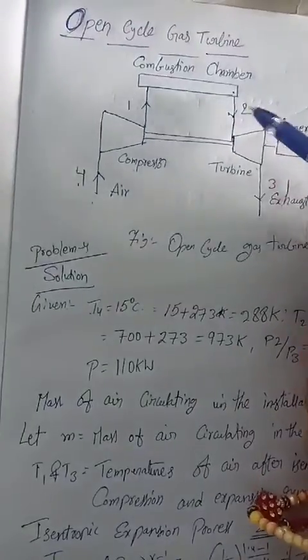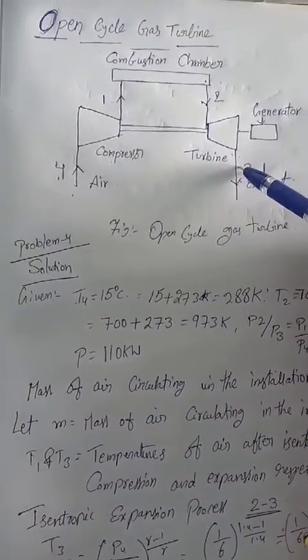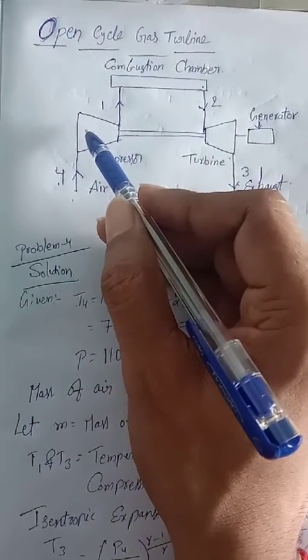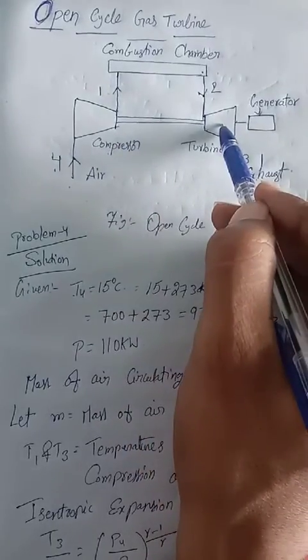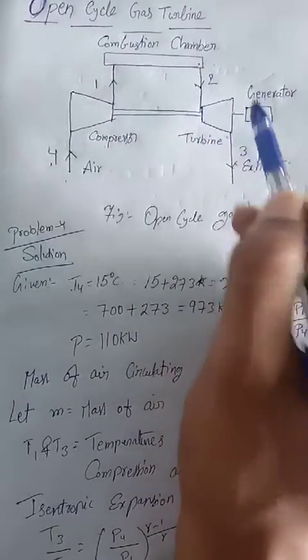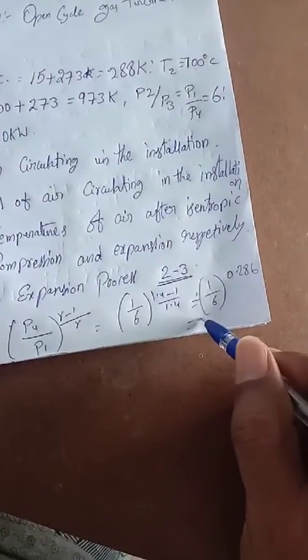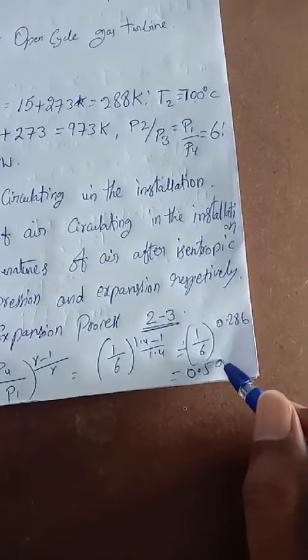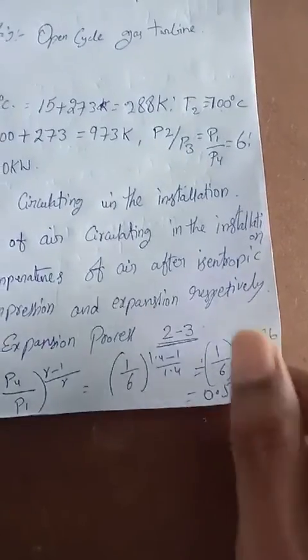This is called isentropic expansion, and this is called isentropic compression. In the open cycle we get the answer 0.599.